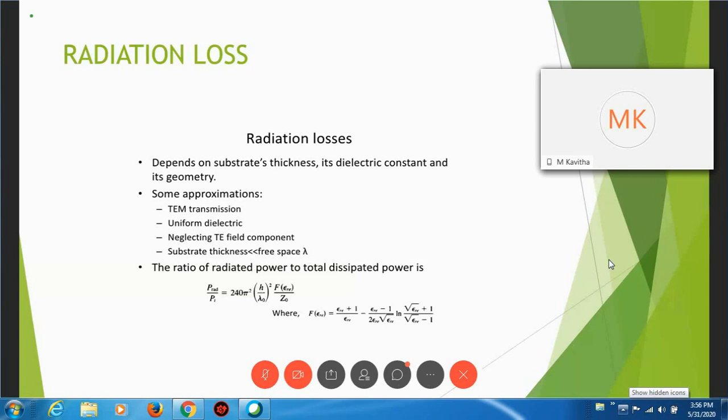So there are three types of losses: conductor loss, dielectric loss, and radiation loss. For conductor loss, we have seen three factors that influence it: conductivity, skin effect, and substrate roughness. Dielectric loss is due to the movement of charged particles when the electric field is applied, which causes polarization.